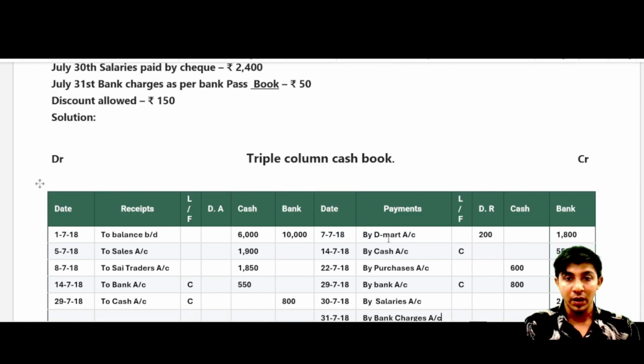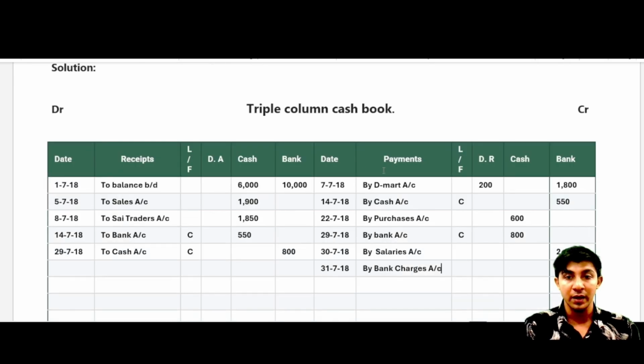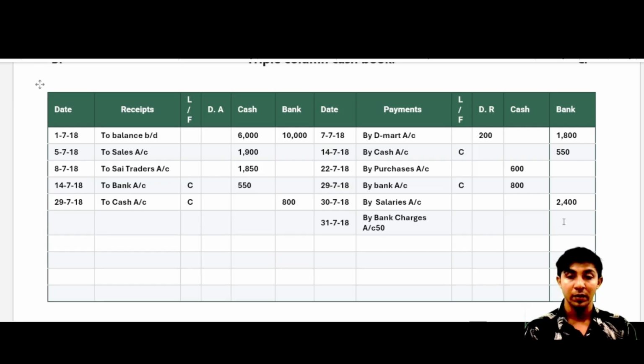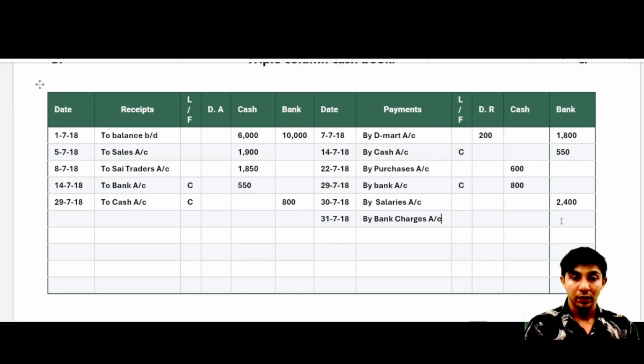What is the amount? The amount is 50. So it is understood that bank will always charge in the passbook. ठीक है? और बैंक अपने बैंक अकाउंट में से कट कर लेगा. It will appear in our passbook. So we need to enter this particular transaction in the bank column. That is 50. Amount is 50.